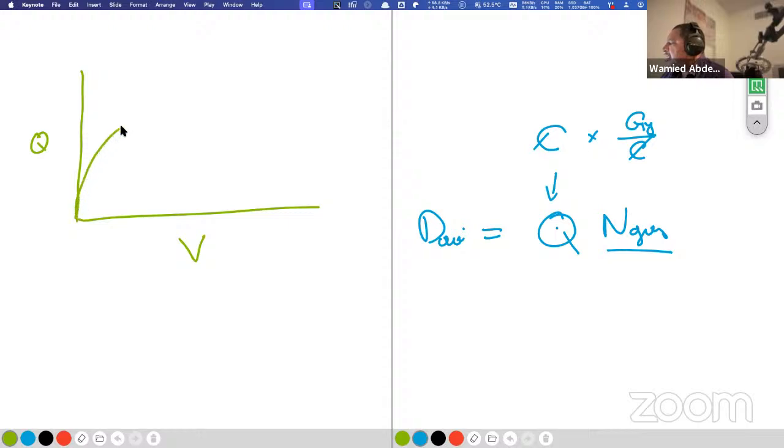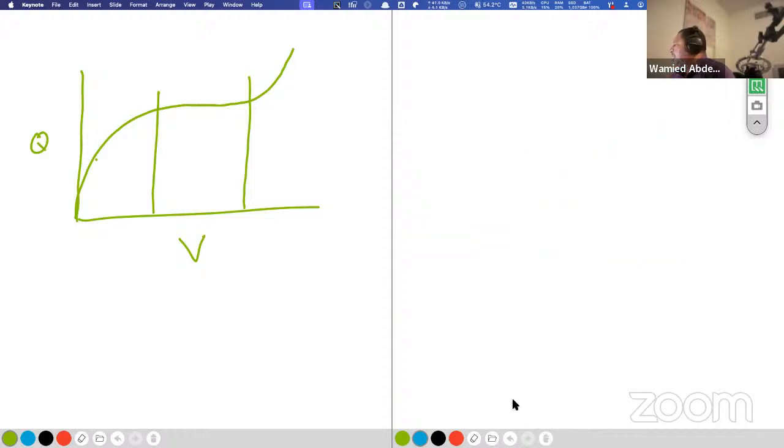We get an increase, and then we have this plateau, which is the region where we want to operate our chamber. In this region, there is a lot of recombination happening. We're not collecting the charges fast, so this does not give us exactly the charge that is produced. Still, there is some recombination happening.